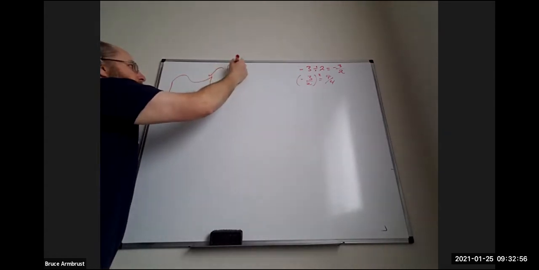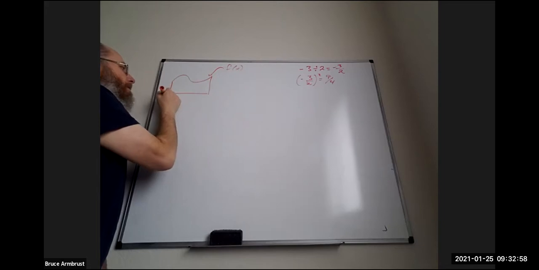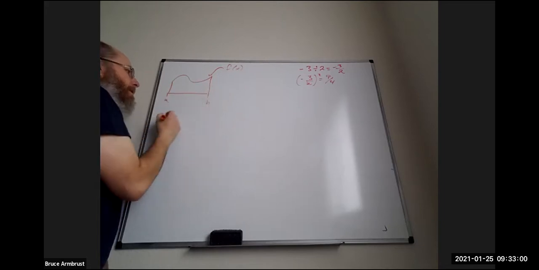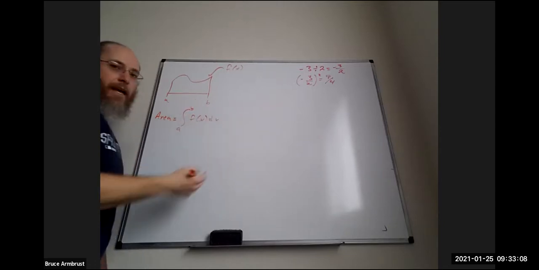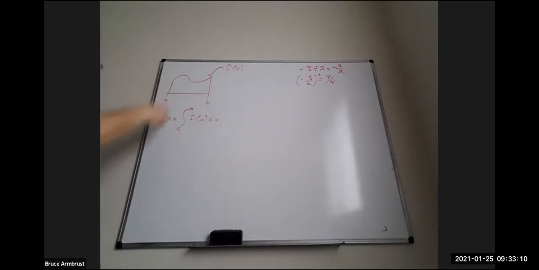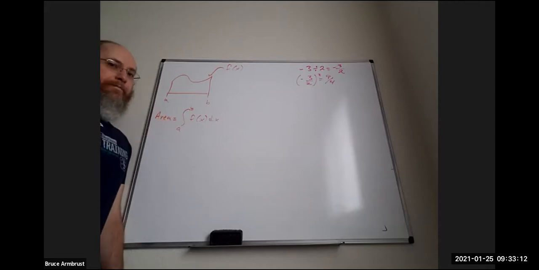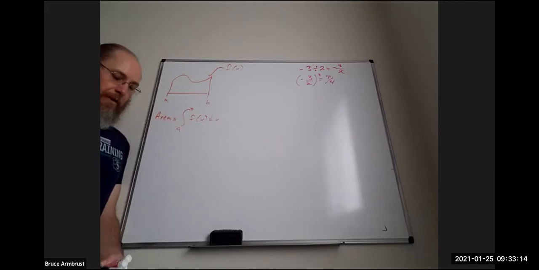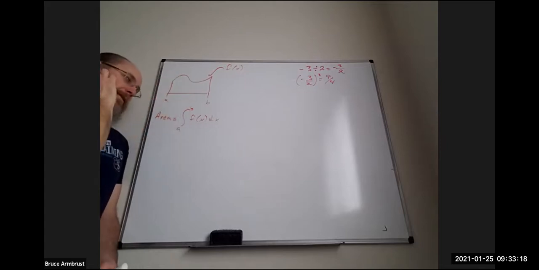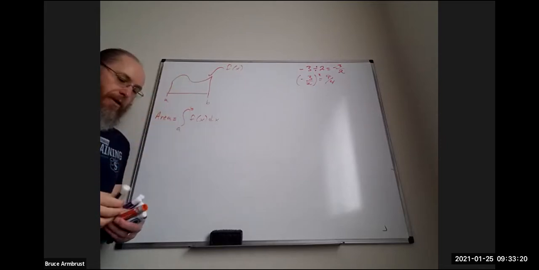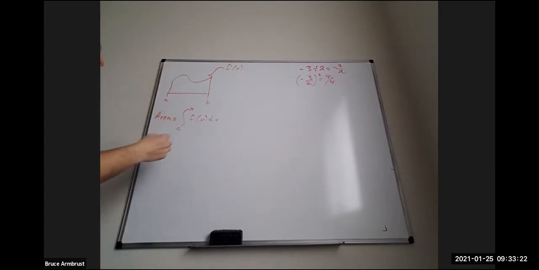If you know this thing is f of x, and these are the places a and b, the area is going to equal the integral from a to b of f of x dx. So when you have a shape like that, you know what to do. Not that big of a deal. But there are all kinds of other shapes out there that don't conform to this. Like, what if we just change this ever so slightly?